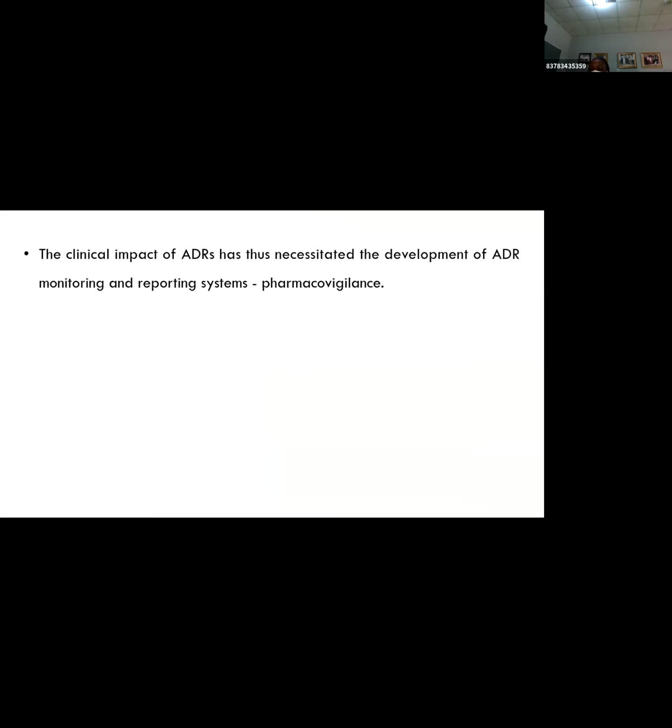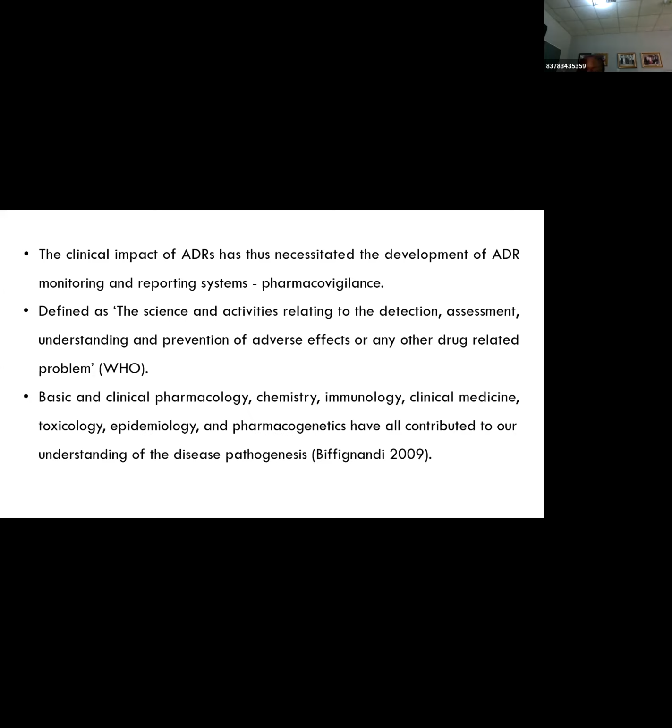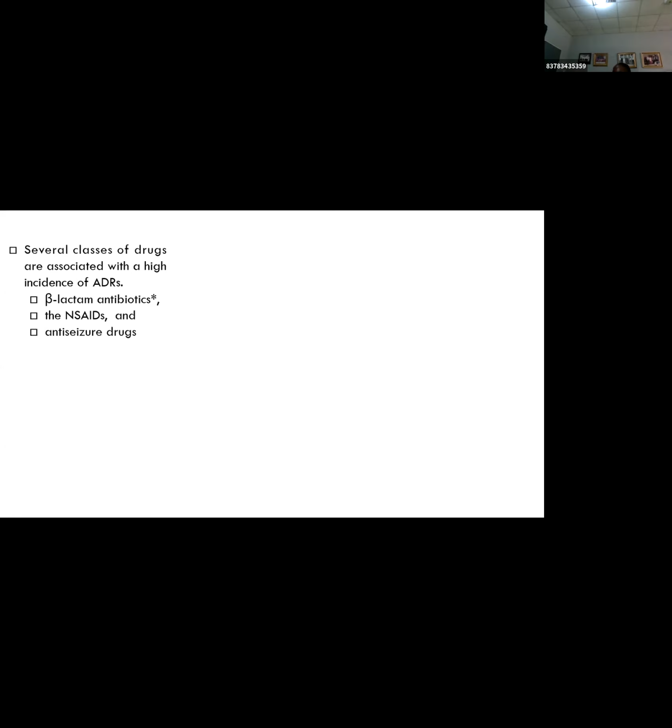That is a system to monitor and report the onset and the pathways of these adverse drug reactions as they proceed. It utilizes basically clinical pharmacology, immunology, clinical medicine, toxicology, and nowadays they've started introducing pharmacogenetics into the reporting and monitoring systems to try and understand the pathogenesis.